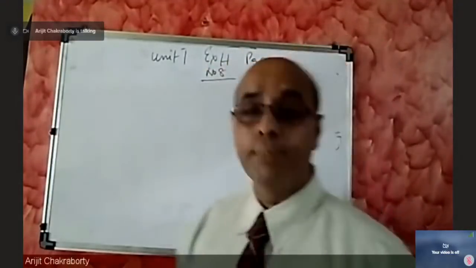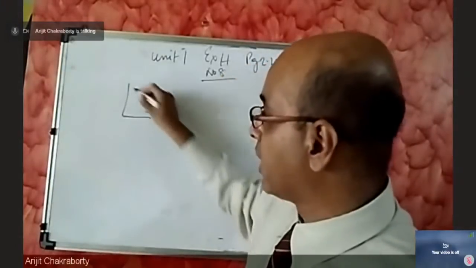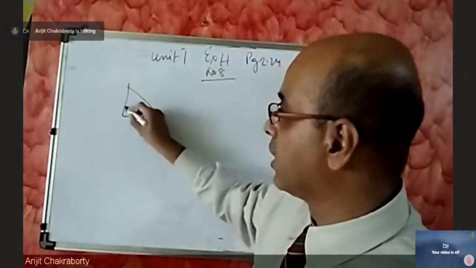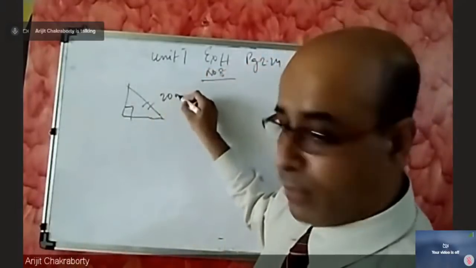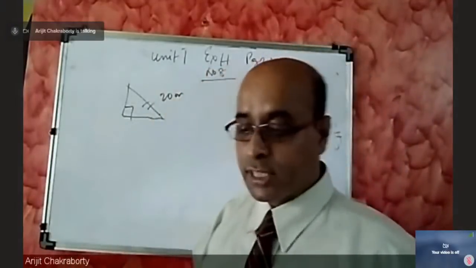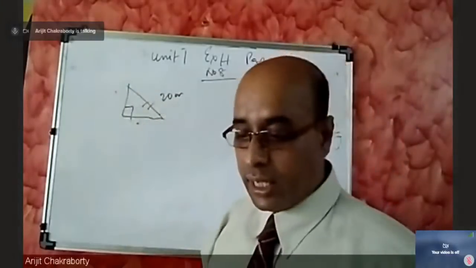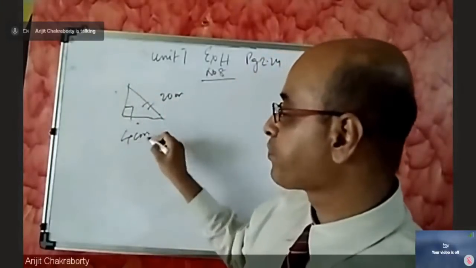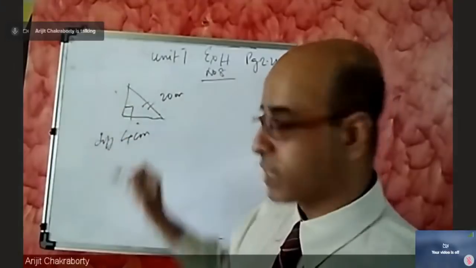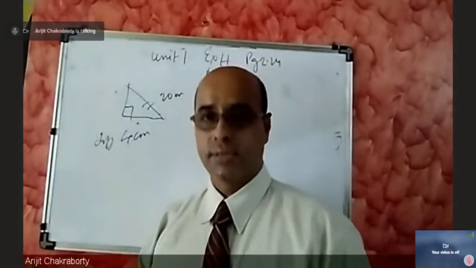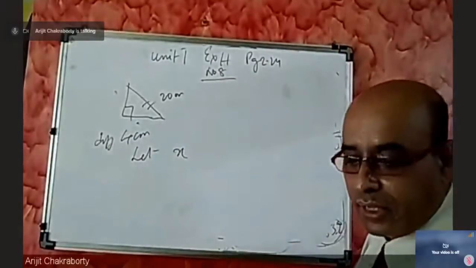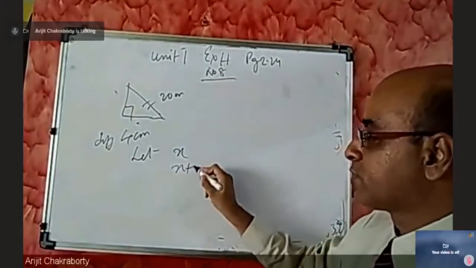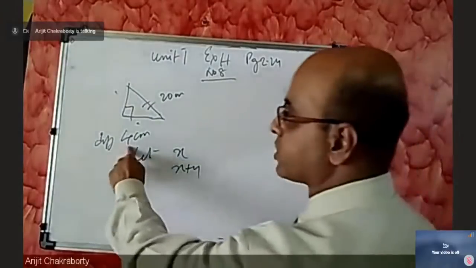The question is: the hypotenuse of a right-angled triangle is 20 centimeter and the difference between its other two sides is 4 centimeter. What are the sides? So let one side be x. The other side is x plus 4 because the difference is 4 centimeter.